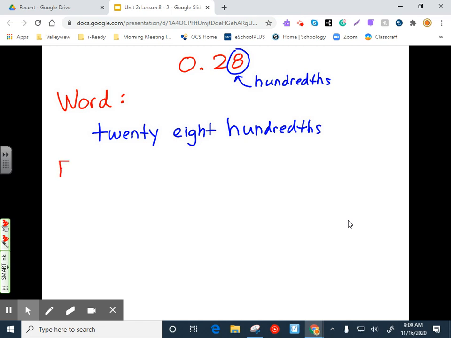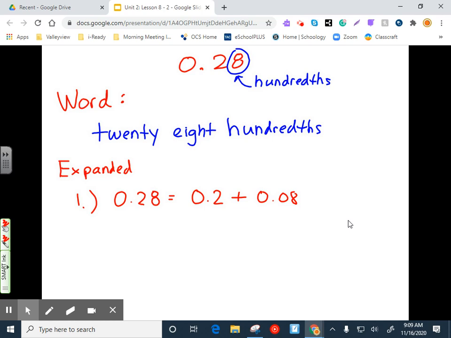Now, expanded form is going to go two different ways. This can be done this first way, which is, well, let me write 28 hundredths right here. And this can equal 2/10 plus 8 hundredths.